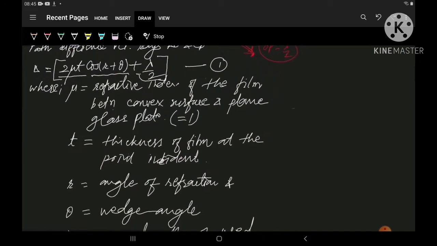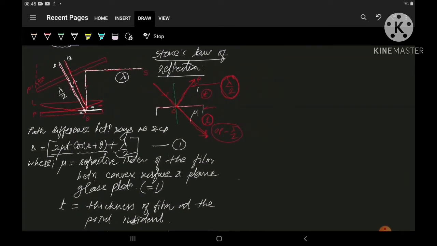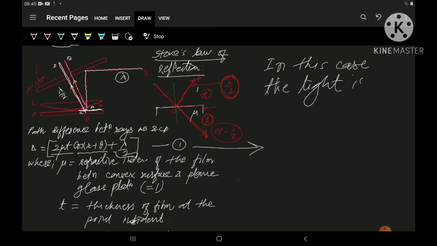So let's see how we can modify our formula, equation 1. In this case the light is made incident normally.